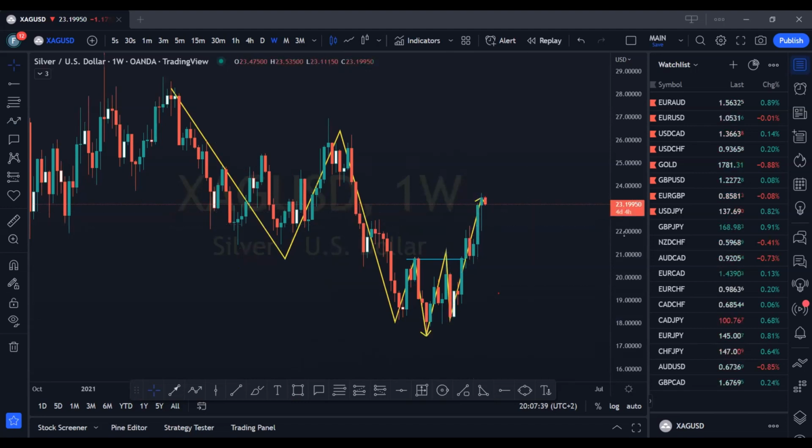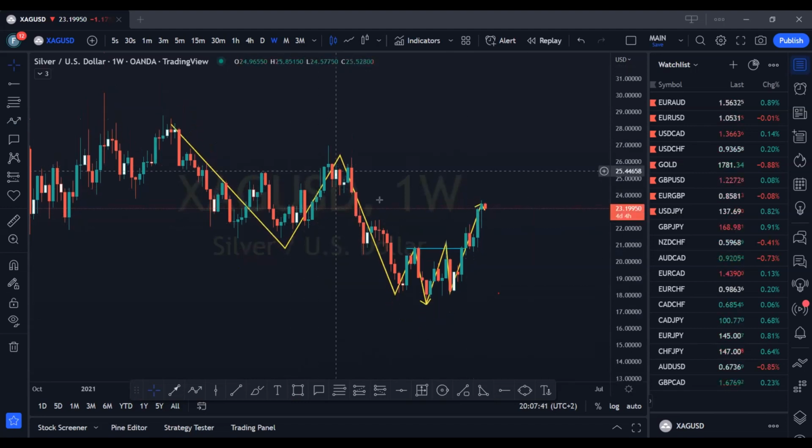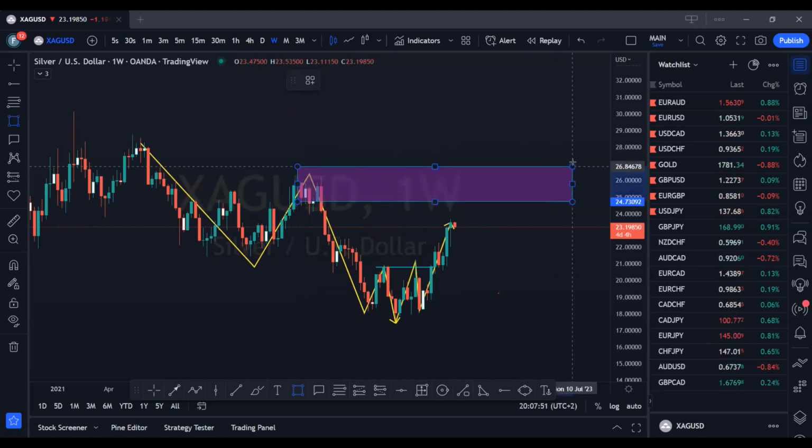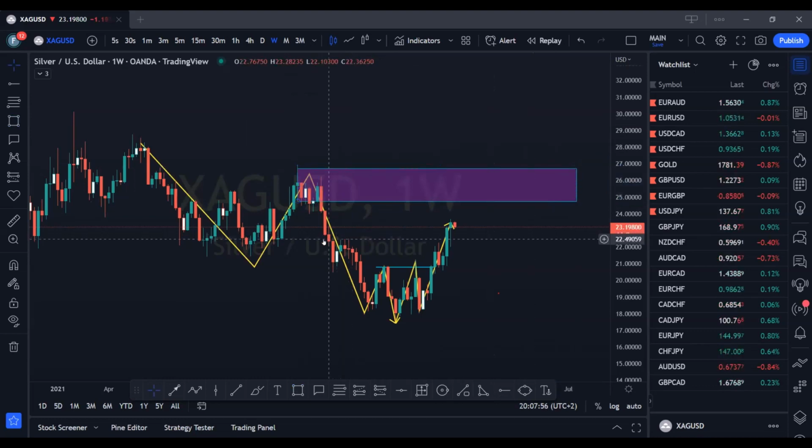Okay, but on a macro level on weekly, price is still very much bearish, and this is the next area of supply here, like so. Okay, and then price has taken out this liquidity, this one.